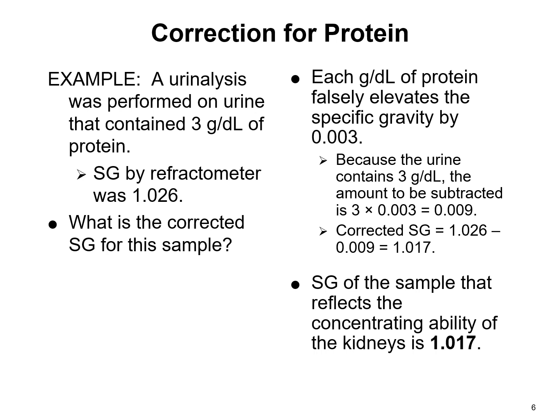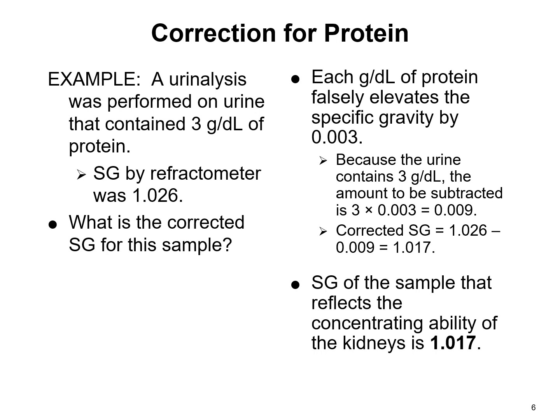So here we're going to look at an example. If we were to do a correction for protein, our urinalysis of our sample revealed that we have 3 grams per deciliter of protein, and we read it on the refractometer and got a specific gravity of 1.026. We need to correct for that because our protein concentration is over 1 gram per deciliter.